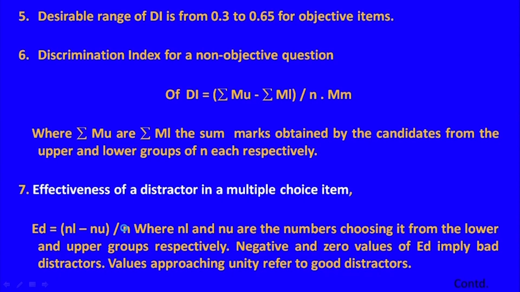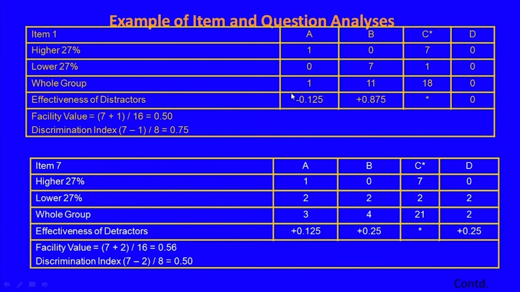And in this case, that is exactly what has happened. In the lower group, nobody has chosen the distractor A. It's not supposed to be answered by the top group, but one person from the top group has chosen A wrongly. The lower group has realized and identified that this is a distractor, so they have not chosen it.